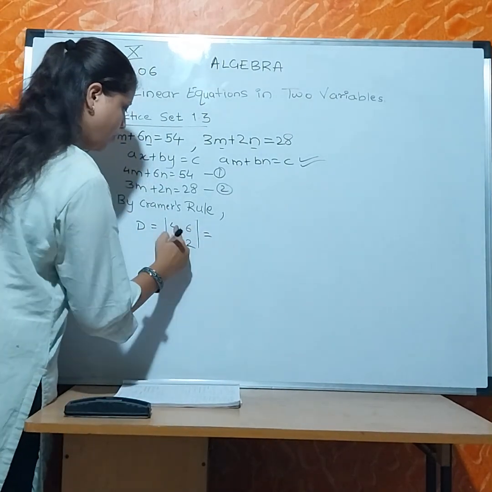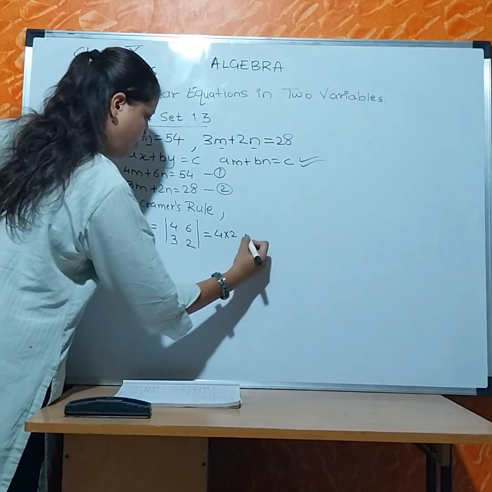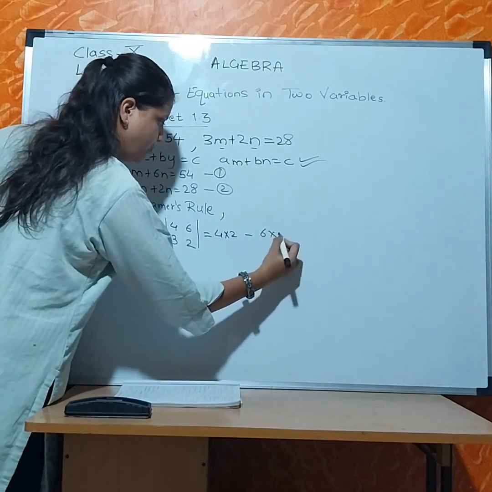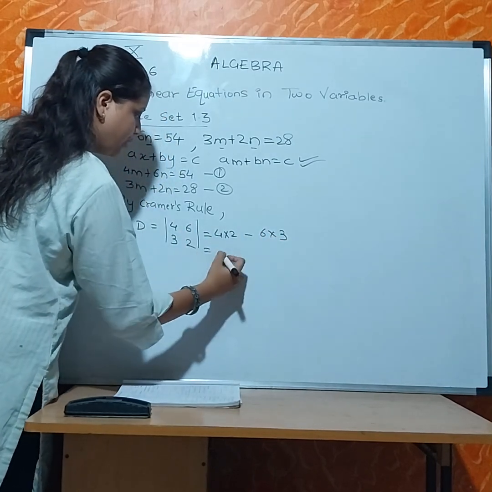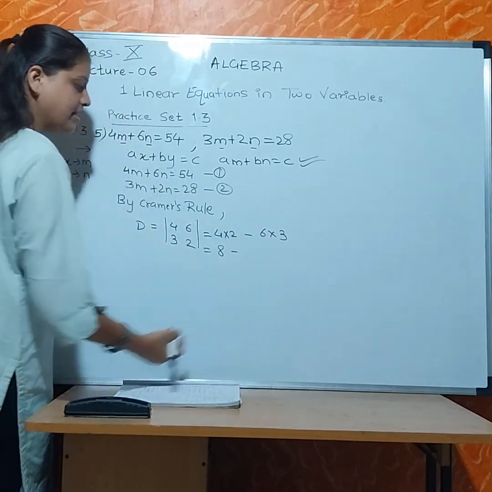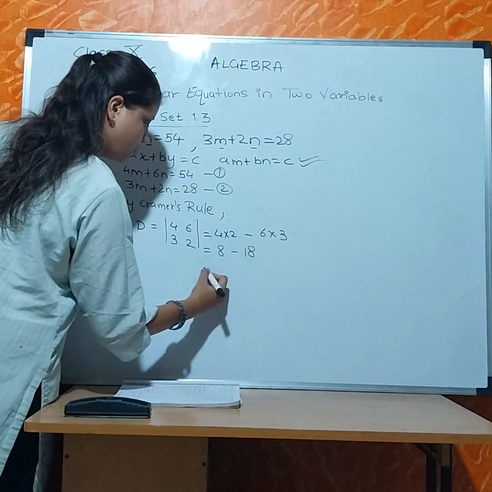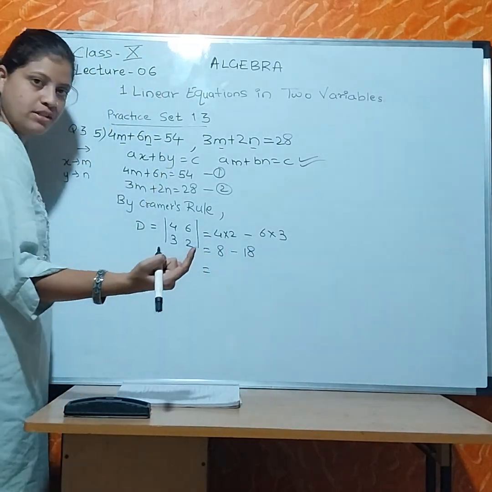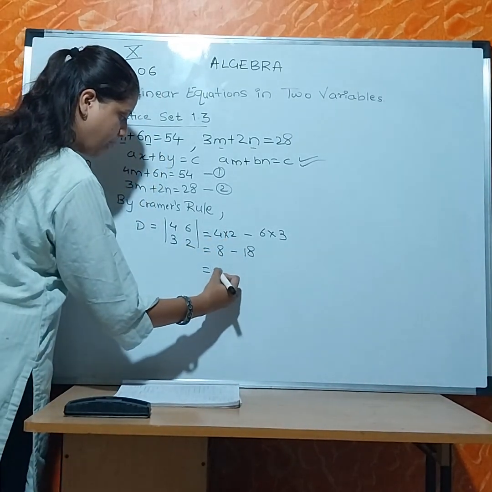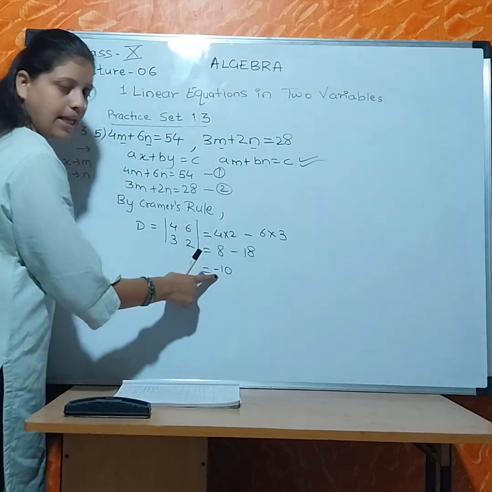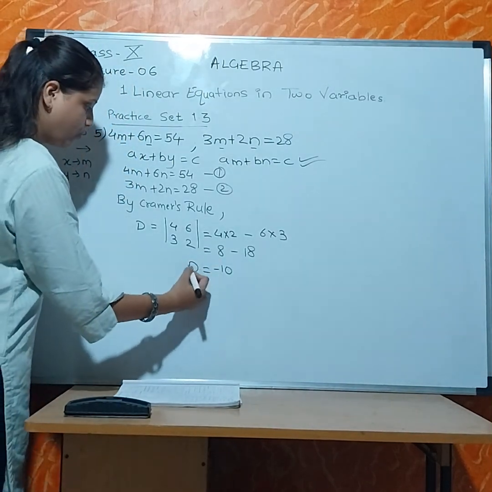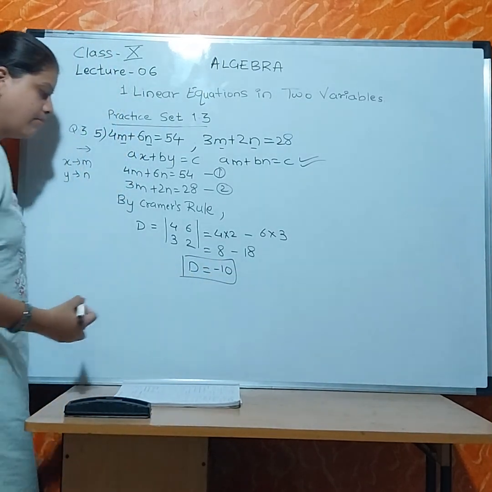Now 4 into 2 minus 6 into 3. 4 into 2 is 8 minus 6 into 3 is 18. So our answer is 8 minus 18. 18 minus 8 is 10. Larger number sign minus, so minus 10. So answer of d is minus 10.